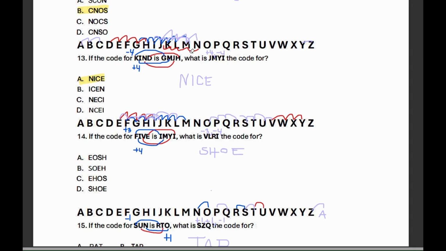All of the other options misapply the inverse shifts. The answer is A, nice. The formula is original to code uses -4 plus 4 minus 4 plus 4. Invert with +4 minus 4 plus 4 minus 4 to J to N, M to I, Y to C, and I to E.